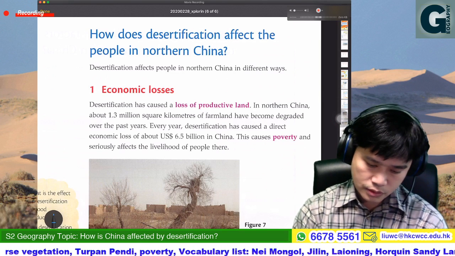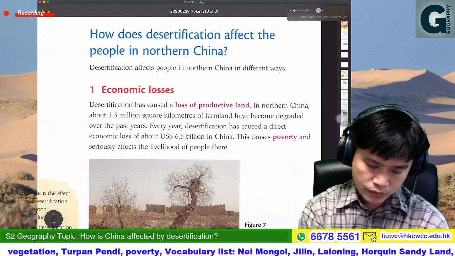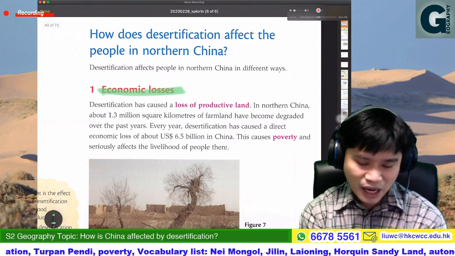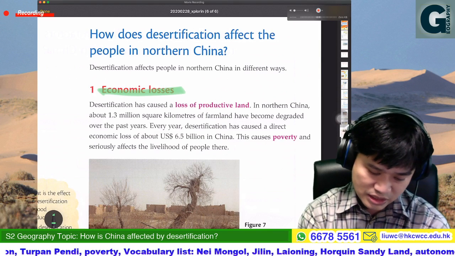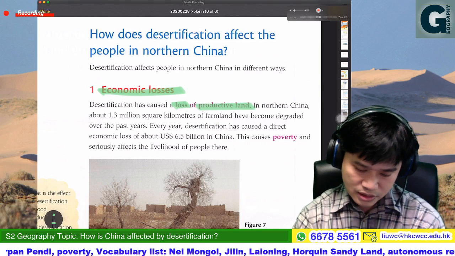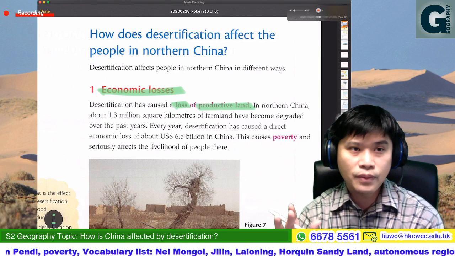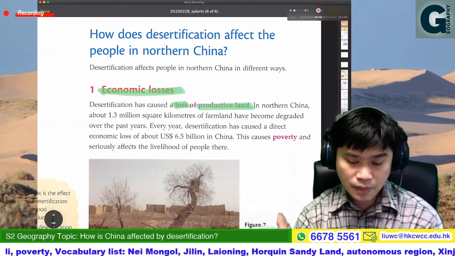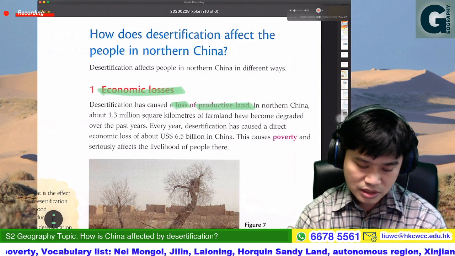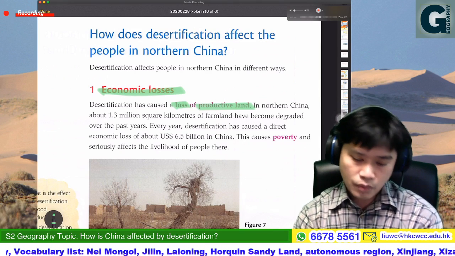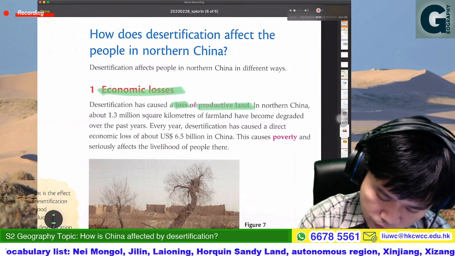What will the result be? The first one will lead to economic loss. Why? It is because desertification causes a loss of productive land. So therefore, it would be very difficult for the people to carry out economic activities such as farming there, as most farmland has become degraded.